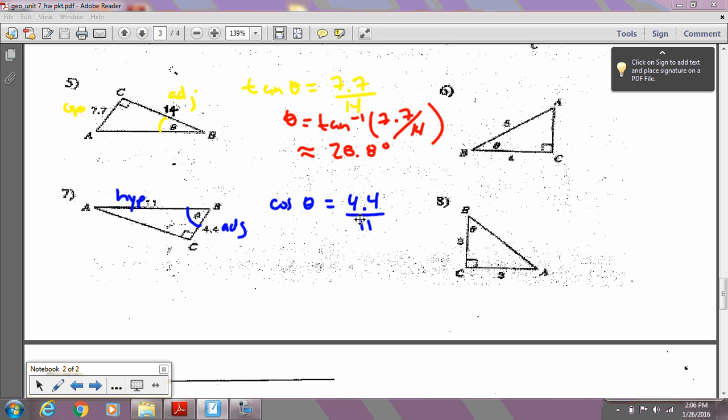Let me double check by looking at the copy, as this version is not the best. Yeah, I used 11.